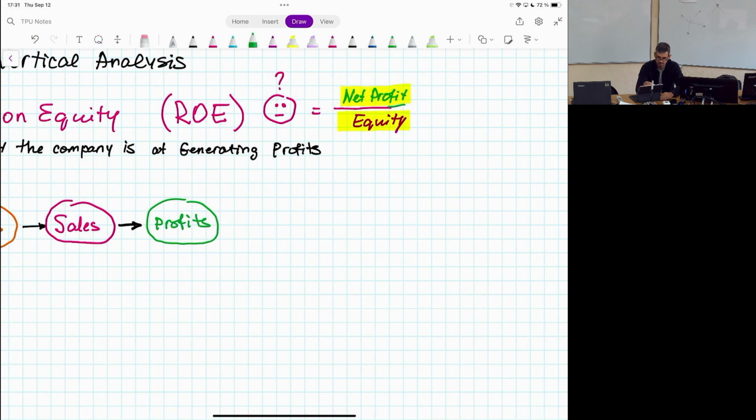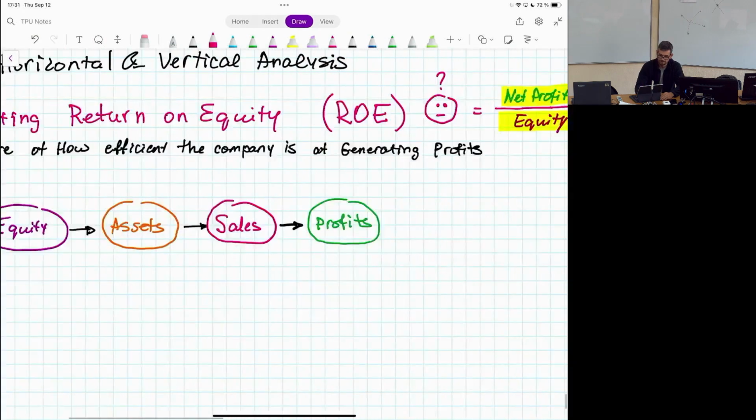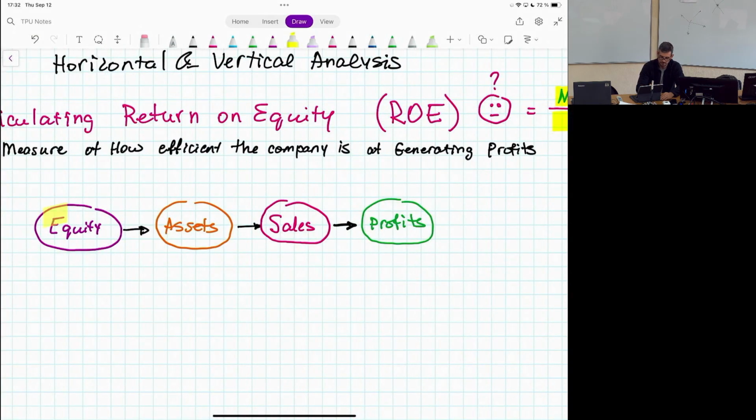Net profit. So again, here's equity, here's profits. So we pretty much try to compare with each other the beginning and the end of the whole business. Okay, so profits divided by equity.